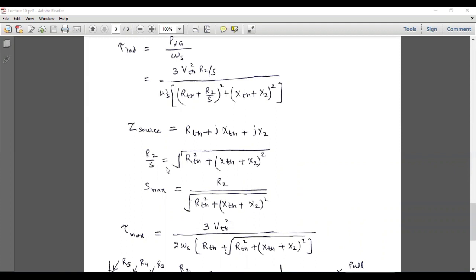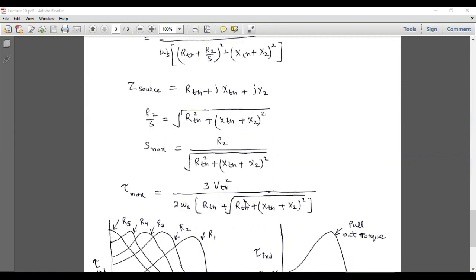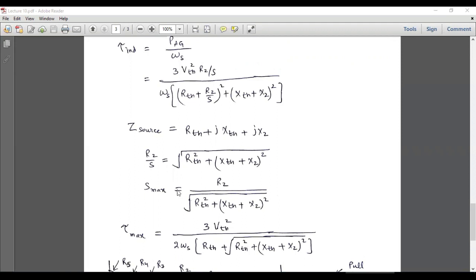From this expression, we can calculate S max. S max is the slip corresponding to the maximum torque, and it is equal to R2 over this expression. When we substitute this value of R2 over S in this expression for the induced torque, we will get the formula for the maximum torque.